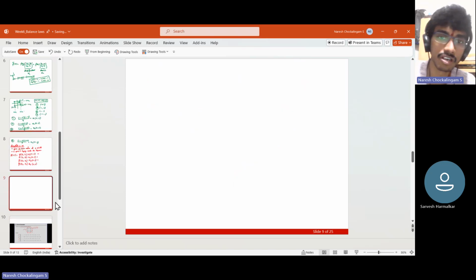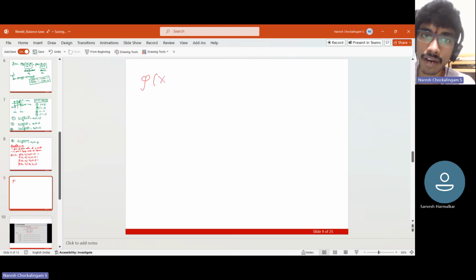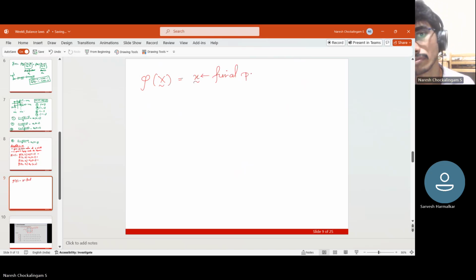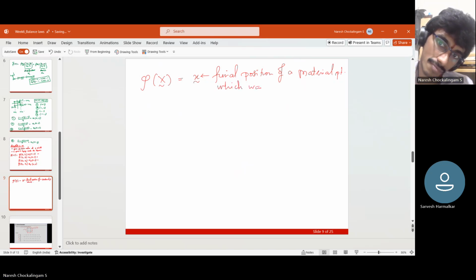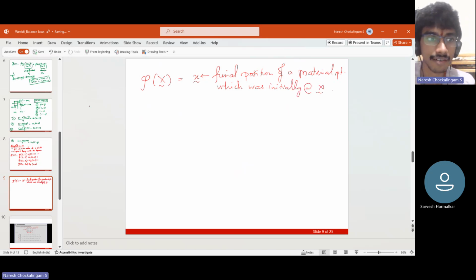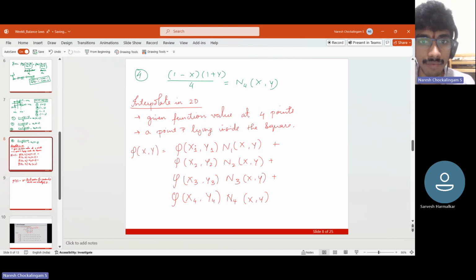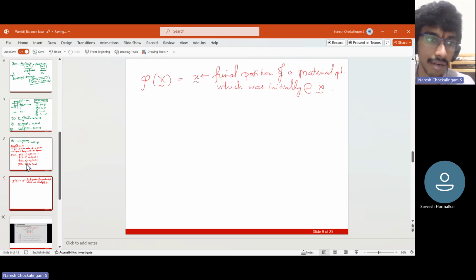So phi of a point x, which is a vector, is nothing but small x, which is the final position of a material point which was initially at x, right? So phi of x1 comma y1 is nothing but small x1 comma y1.